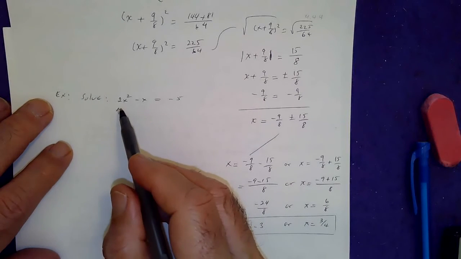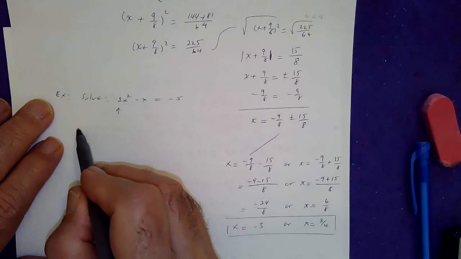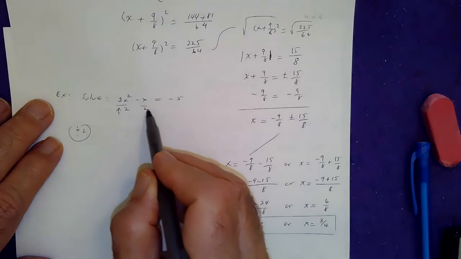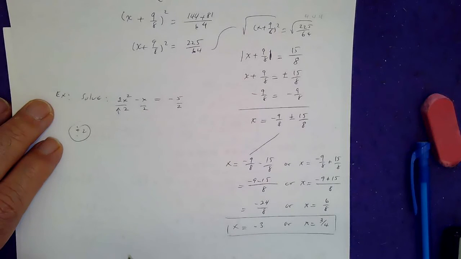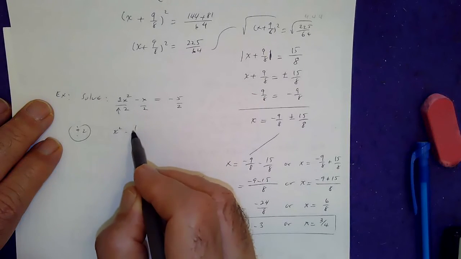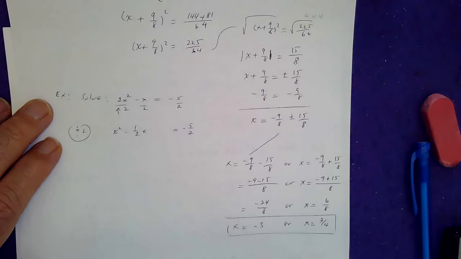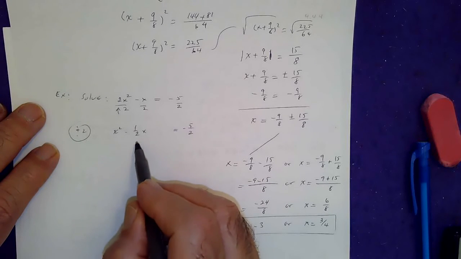Up here, notice the leading coefficient is not 1, so first thing you do is divide both sides by 2. What does that mean? That means do this. So you get x squared minus half of x equals negative 5/2. Now you got to take half of this.